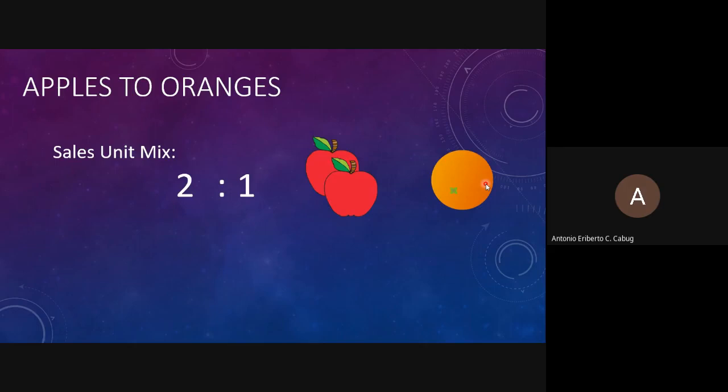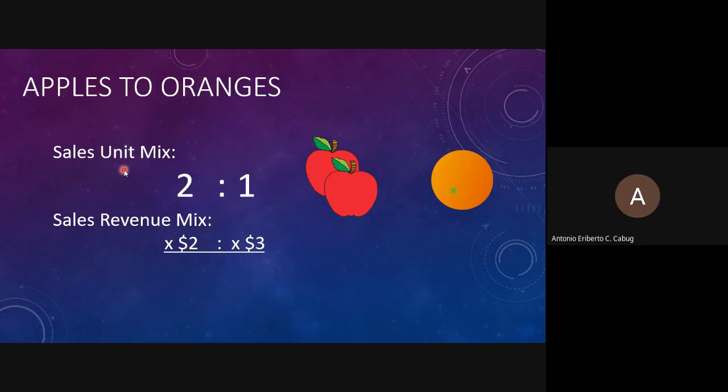So, if you sold 30 fruits in 1 day, 20 of those would be apples and 10 will be oranges. 2:1. I would rather say 2/3 is to 1/3 para fraction ang dating. O kaya percentage. 66.666%, that's 2/3, is to 33.333%. That's 1/3. The unit mix and the revenue mix is not necessarily the same.